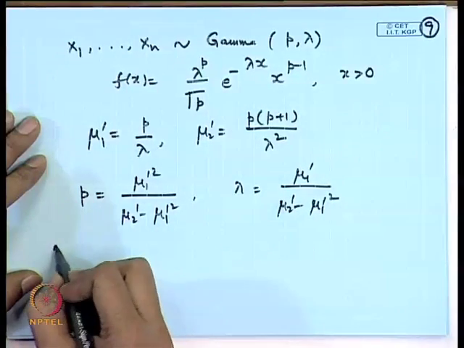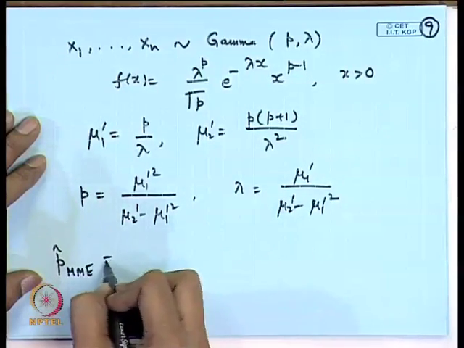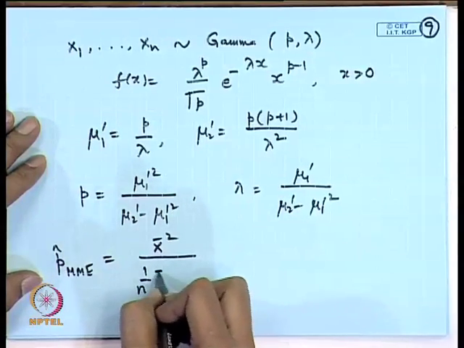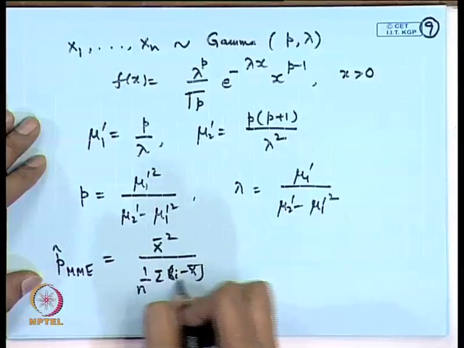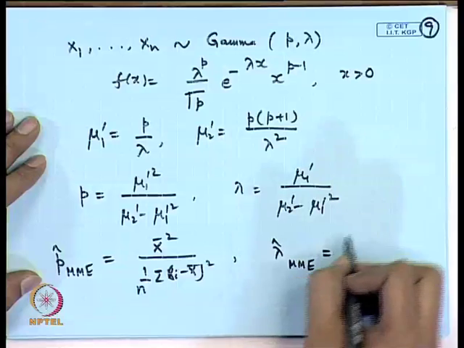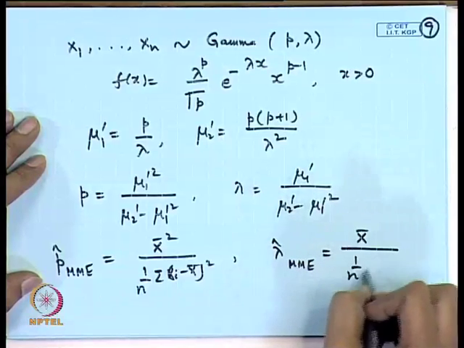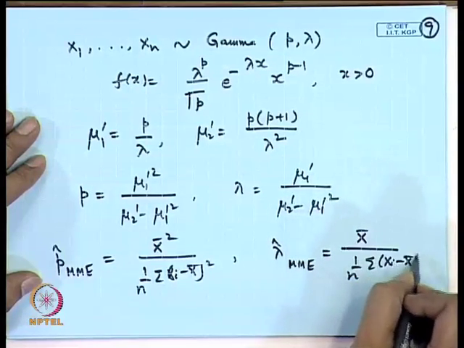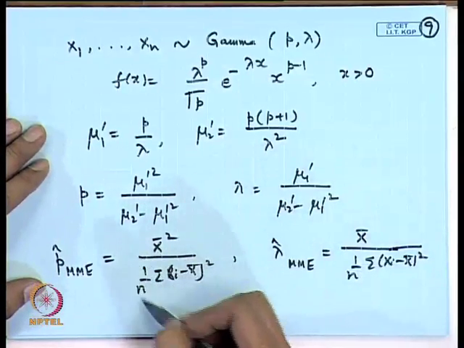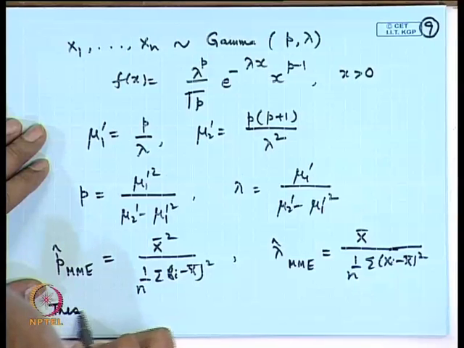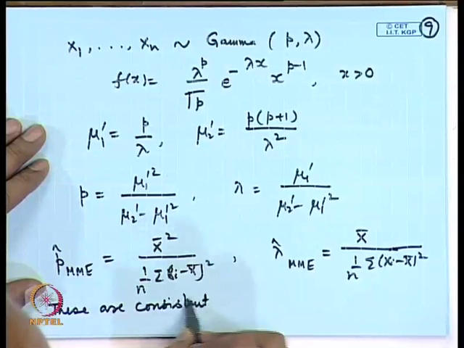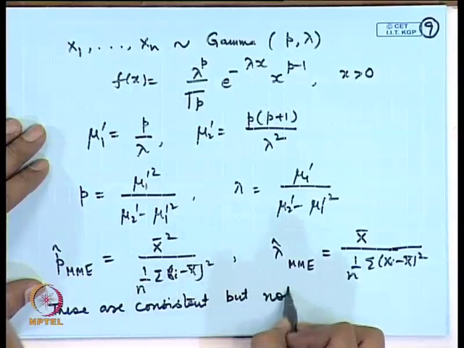So, the method of moments estimators are easily obtained as p hat MME equal to x bar square divided by 1 by n sigma (x i minus x bar) square and lambda hat MME is equal to x bar divided by 1 by n sigma (x i minus x bar) square. One can easily check that these are consistent, but not unbiased.